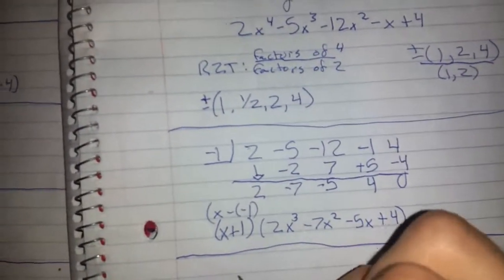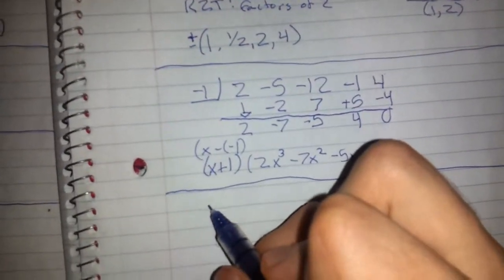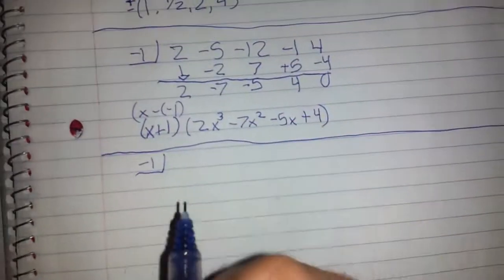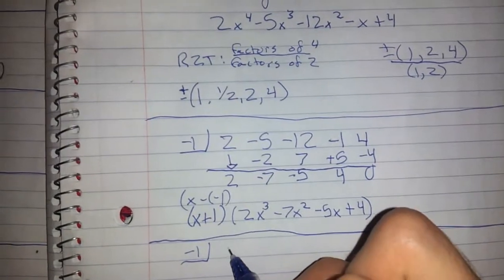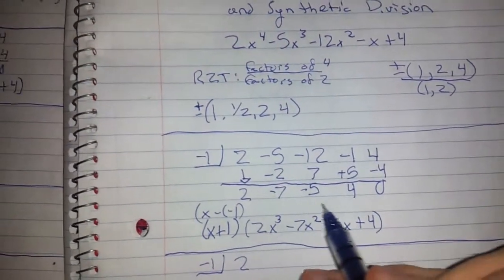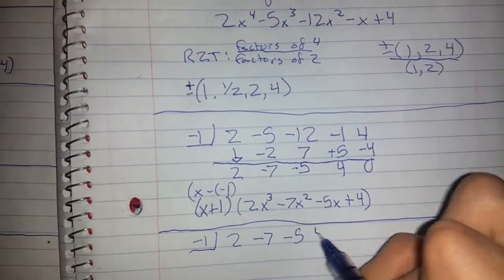And so, for the sake of time again, I'm just going to go with -1, see if this works again. And I've already done this problem, and I found out that -1 does work again. So, let's give it a go. And we're going to use these coefficients right here, which are up here as well. 2, -7, -5, 4.